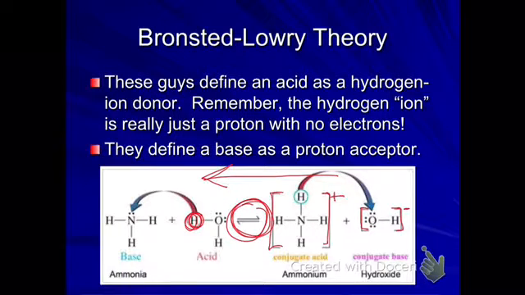Let's pretend like this reaction is going backwards. So in the reverse direction, the ammonium ion will be donating one of its hydrogen ions back to the hydroxide. So in the reverse direction, ammonium behaves as an acid and hydroxide behaves like a base. This right here is the beginning foundation of a concept called conjugate acid-base pairs. Every base has a conjugate acid, and every acid has a conjugate base.